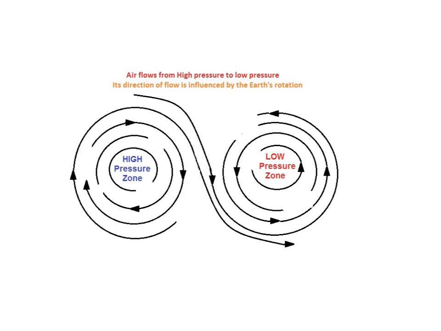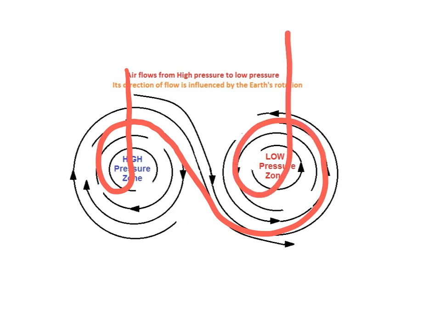So we have sinking air spiraling outward in a clockwise direction and swooping in and going counterclockwise as it rotates up at the low pressure system. So the air is going to go down and out, swoop in, go in and up.